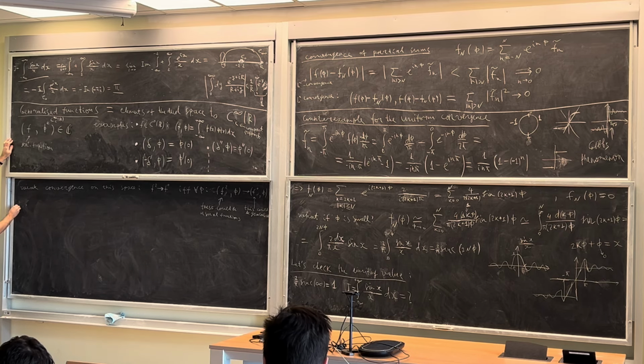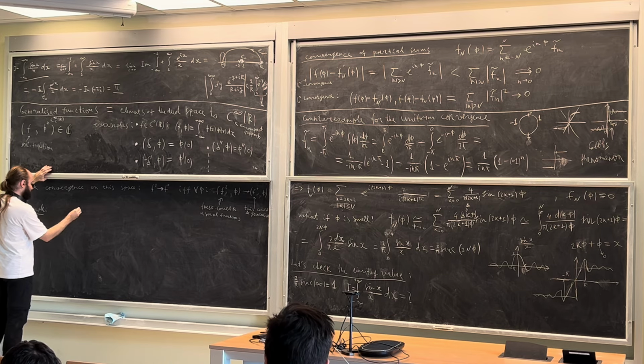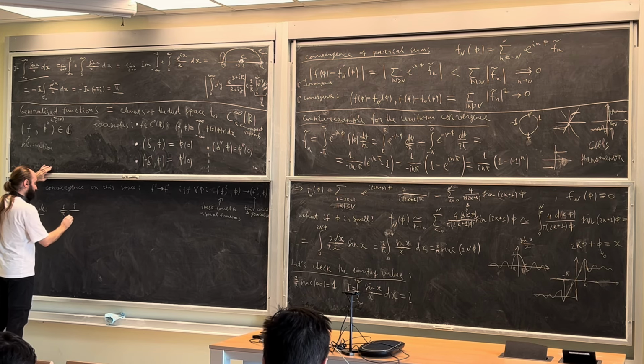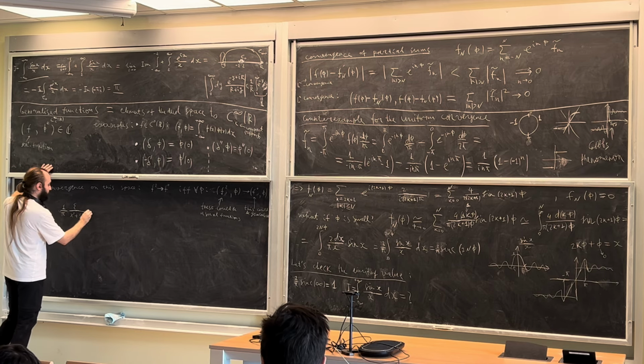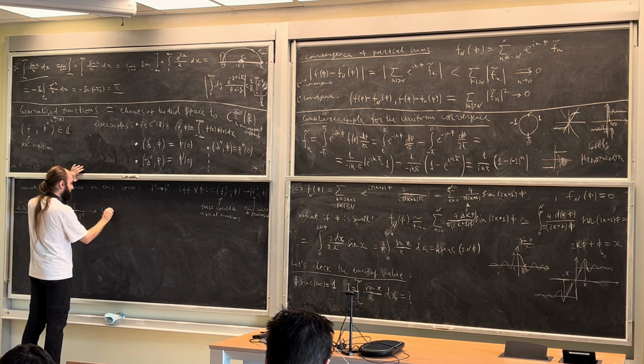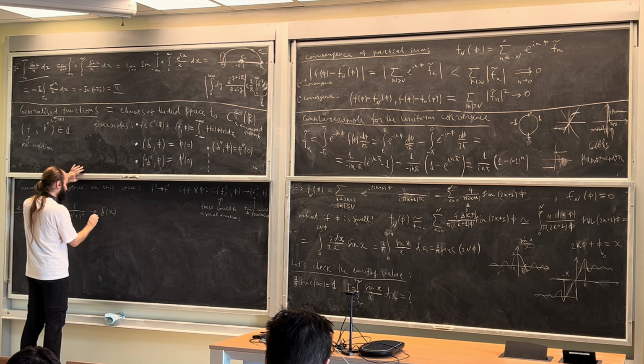An example of this phenomenon: the expression 1 over pi, epsilon over x squared plus epsilon squared, converges to delta of x when epsilon goes to 0.